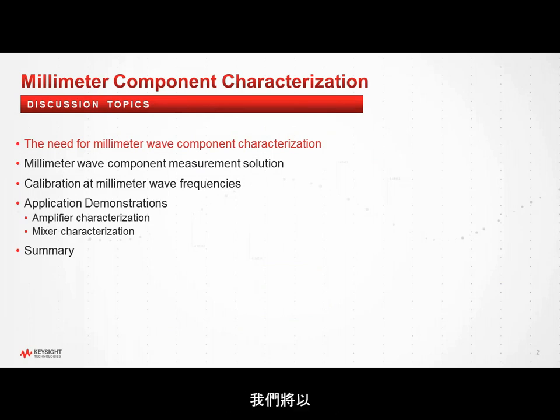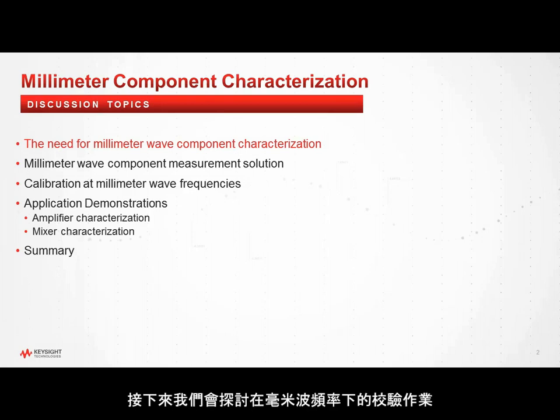Essentially, we look at, as I said earlier, the need for millimeter wave component characterization. Then from the perspective of what really is driving it, what are the characteristics of the components that are being looked at when you're looking at the industry. And then we'll look at a component measurement system in terms of the vector network analyzer, how it's architectured, and so on.